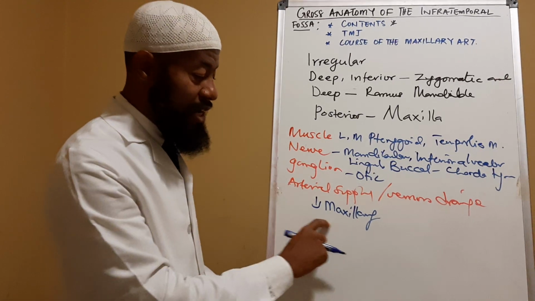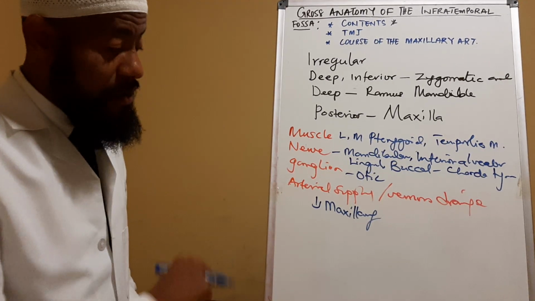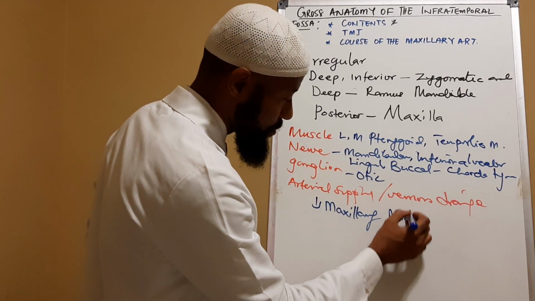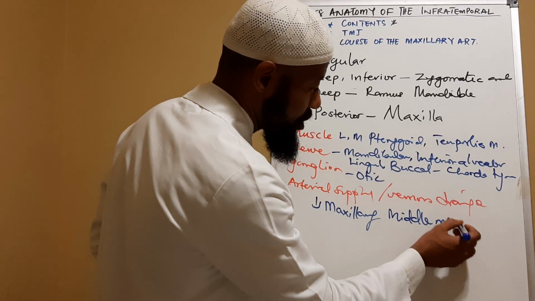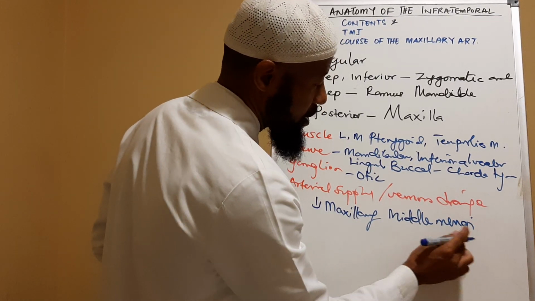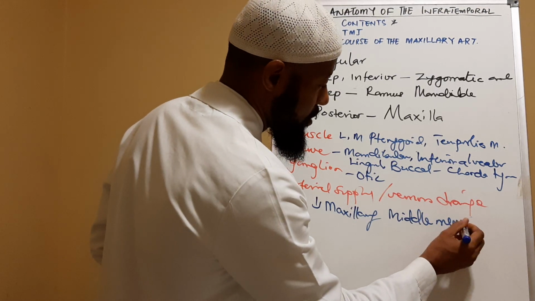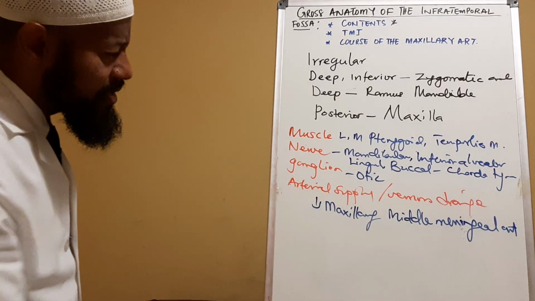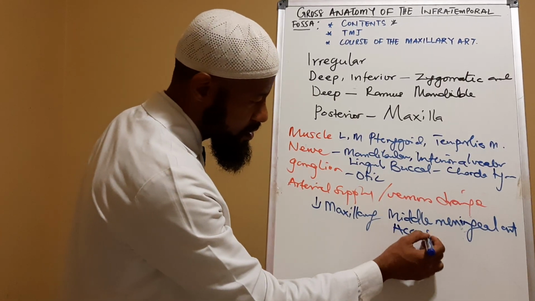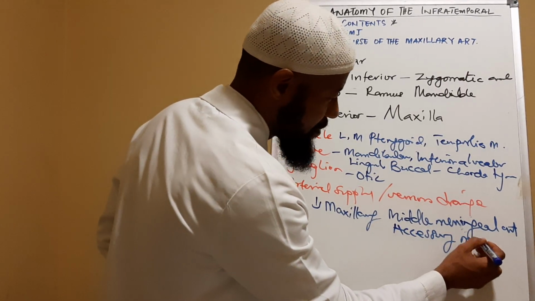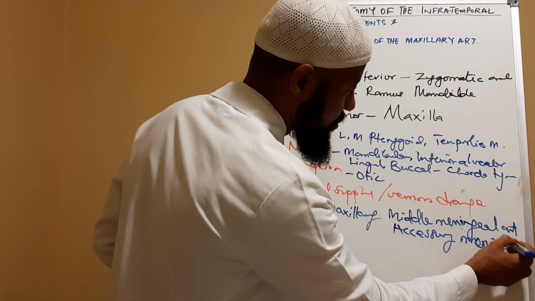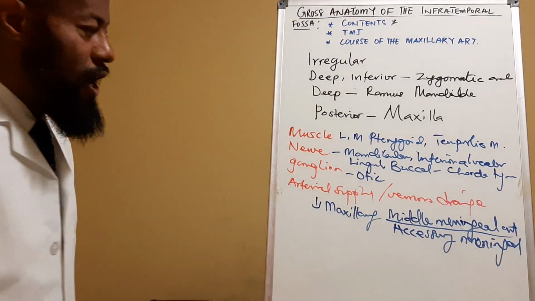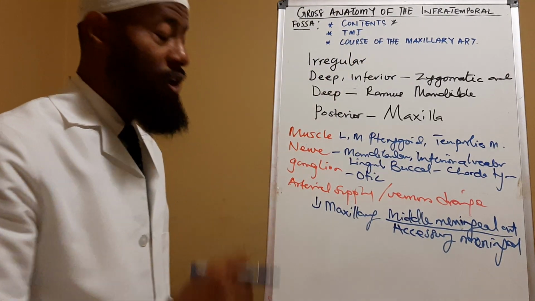One important branch of clinical importance is the middle meningeal artery, and the accessory meningeal artery as well. But most important is the middle meningeal, because in USMLE questions you'll find this artery being queried about.